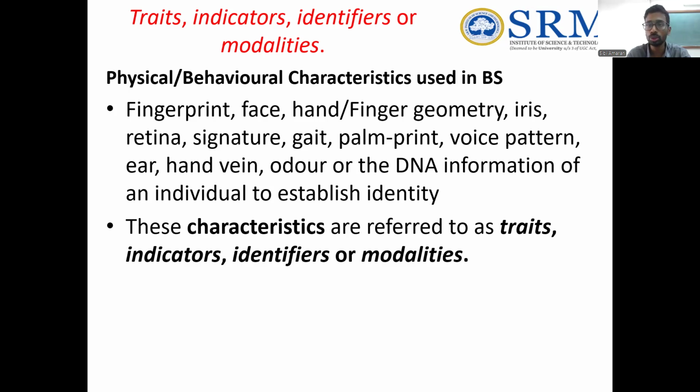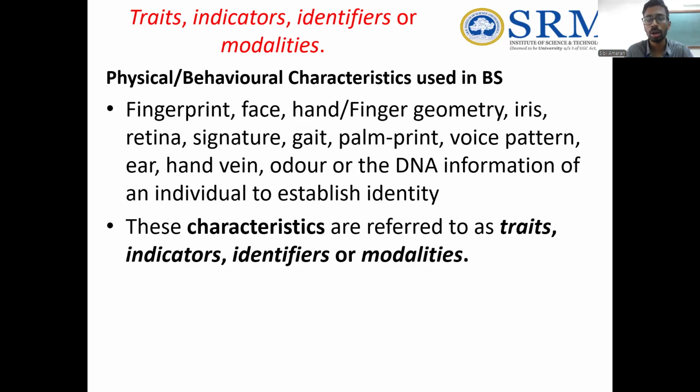Gait will be used only for newborn babies; it won't be preferred for persons whose age is more than 3. Only for babies between 1 to 2 years, because babies cannot walk, right? So only for the babies, the gait fingerprint will be preferred.